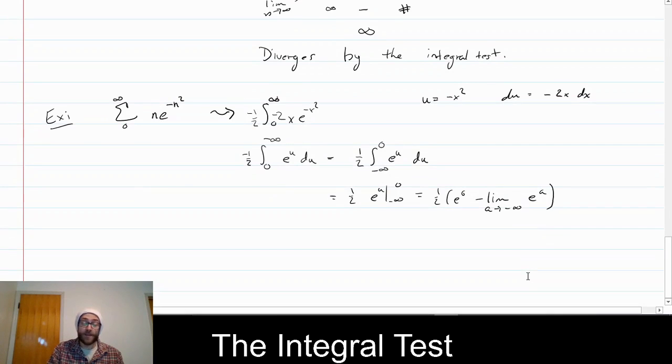And by doing this, we see that we have 1/2 times e to the 0 is 1/2, that's just a number, minus e to the negative infinity goes to 0, so that's 0. So this converges, so our integral converges, which tells us that our sum converges. So we can say that the sum converges by the integral test, right? By the integral test. All right.